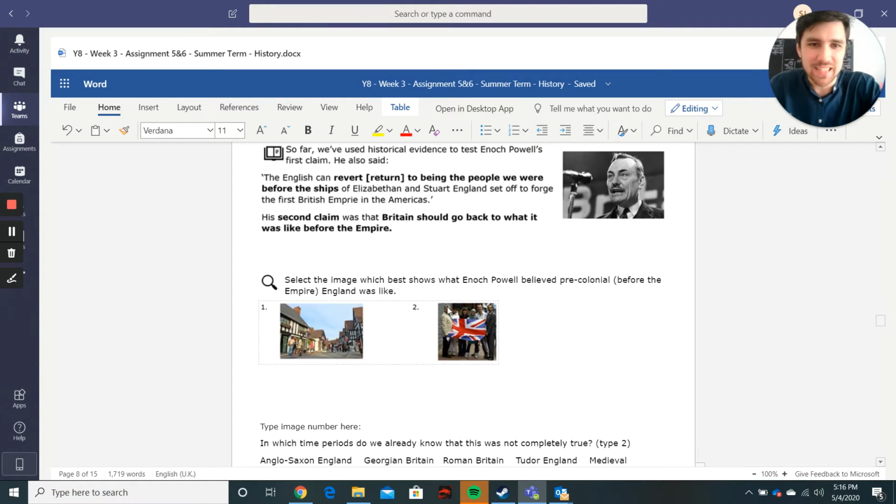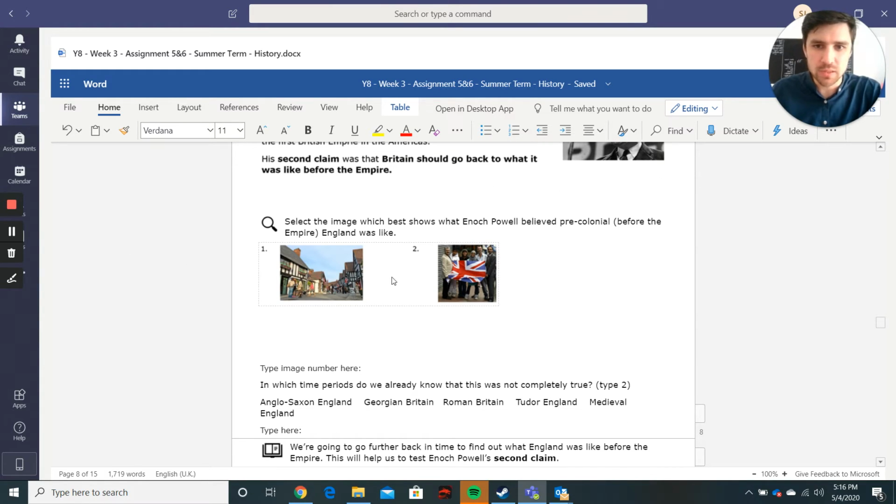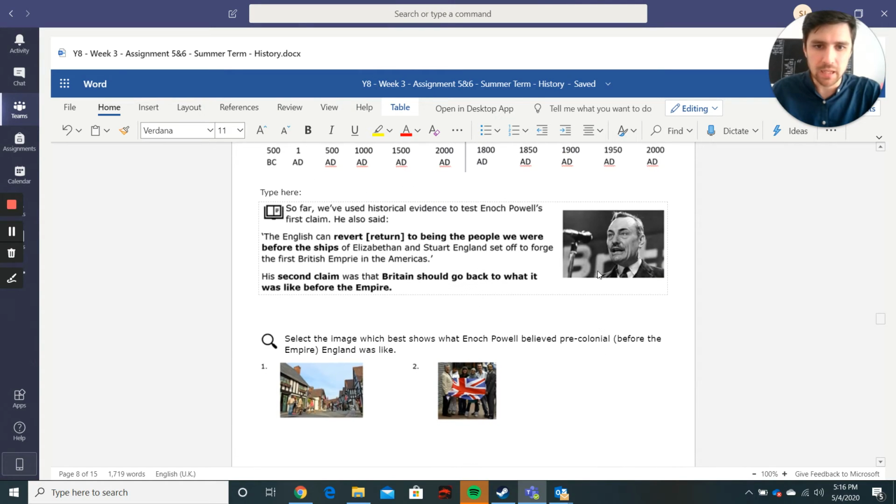So here is Enoch Powell's claim again that we just went through. If you're not sure, read it. And then just to reinforce this, I want you to select the image below that best shows what you think Enoch Powell believed pre-colonial, that means before the Empire, England was like.